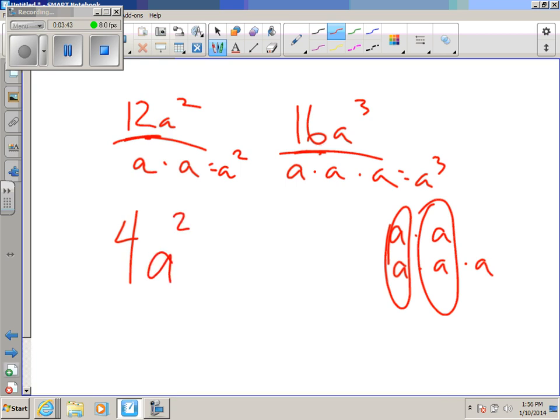So the GCF of those two terms would be 4a squared. So you kind of treat them separately. The variables are somewhat easy to find out how many of them they would have in common. And since you've already done the integers, really shouldn't be all that new or difficult.